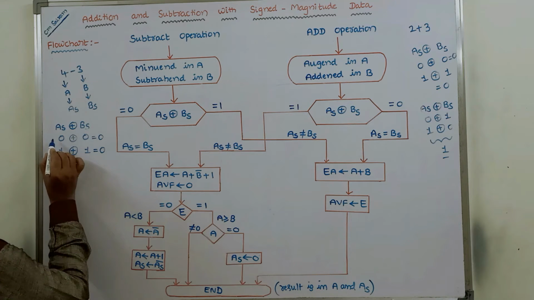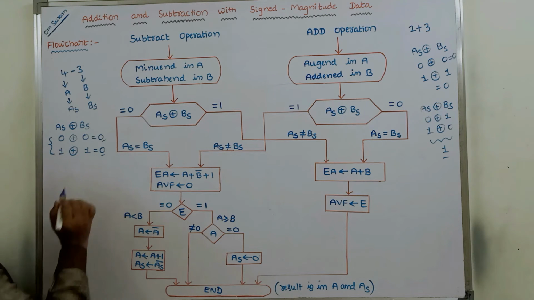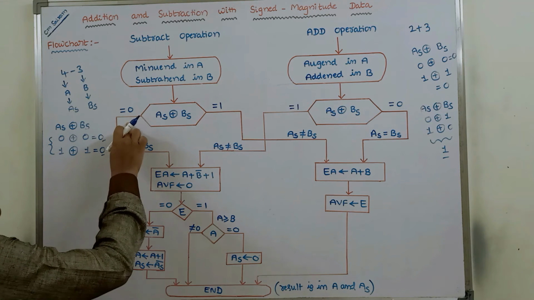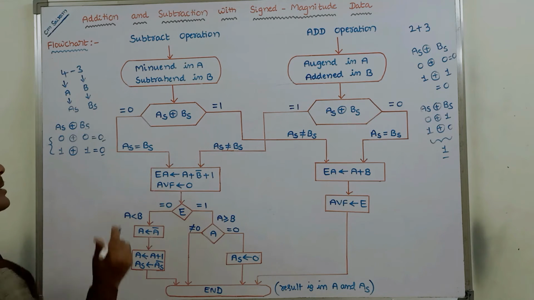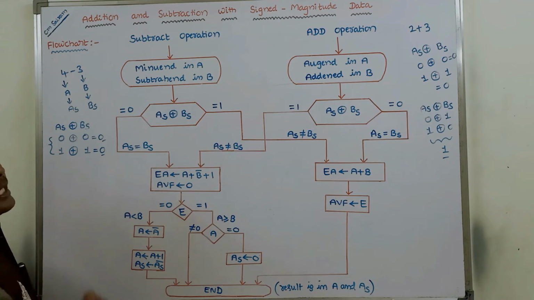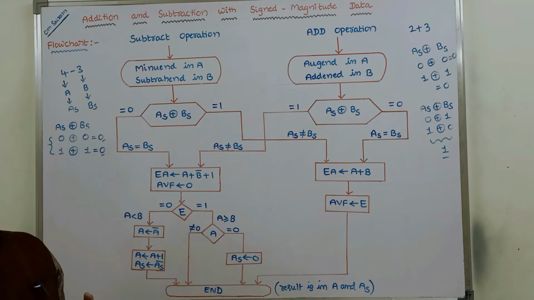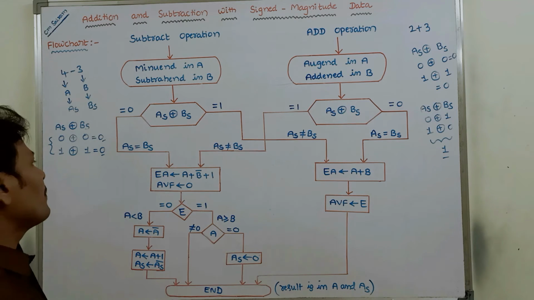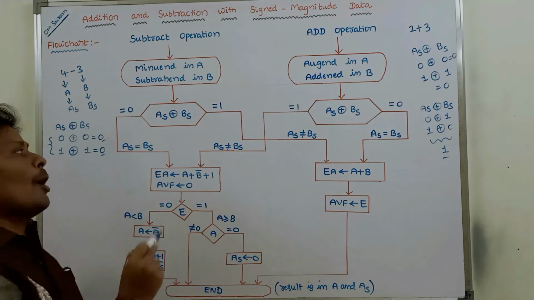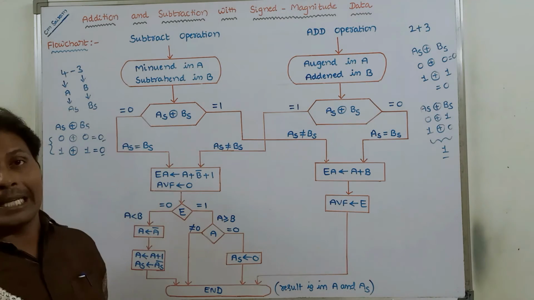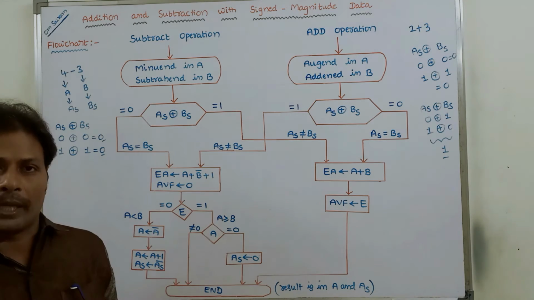When both sign bits are the same, the output of the exclusive OR gate is 0, which means AS is equal to BS. Whenever the sign bits of A and B are the same, the output of the exclusive OR gate is 0, and we perform the subtraction operation.